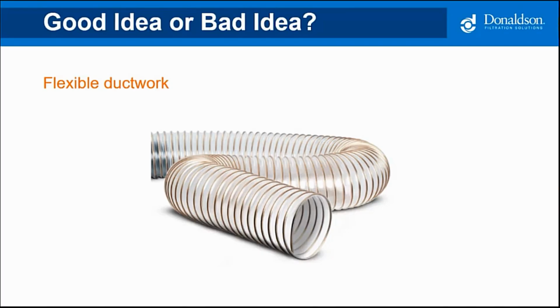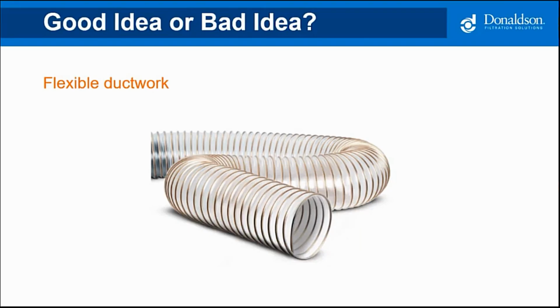So if we remember 2 things about flexible ductwork. Number 1, you see this picture and you see the orientation. It looks like a snake. If I use flexible ductwork, my goal is to keep it as straight as possible and as short as possible, okay?